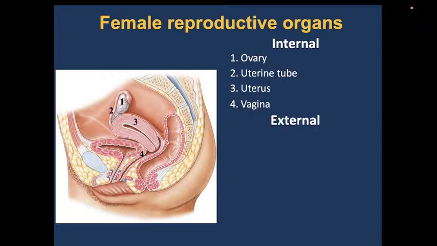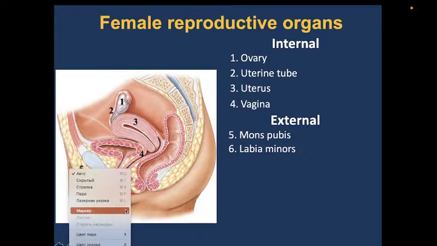External organs: there are a lot of external organs in comparison with men, and this is the mons pubis, then the labia minora, sorry, this is a mistake, labia minora, or labium minus in Latin.